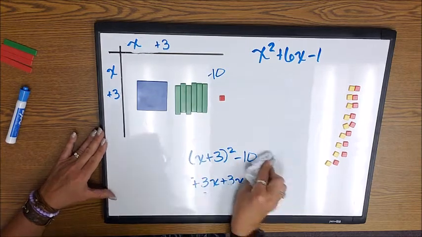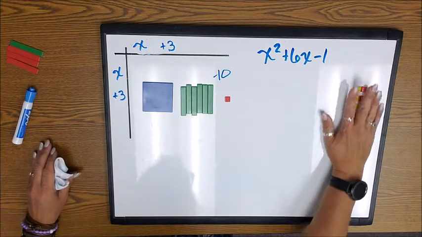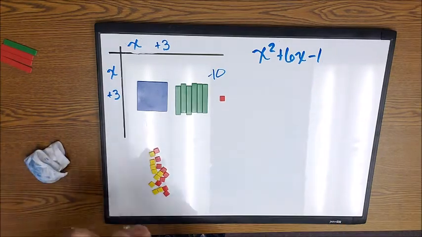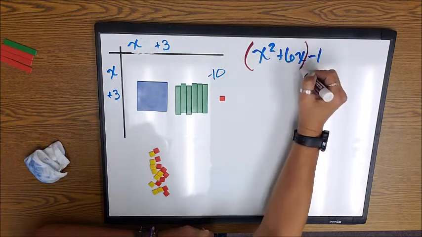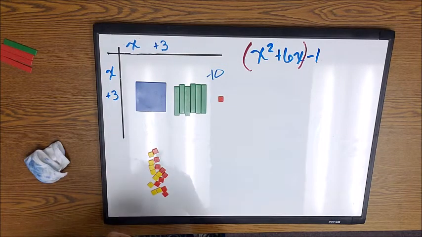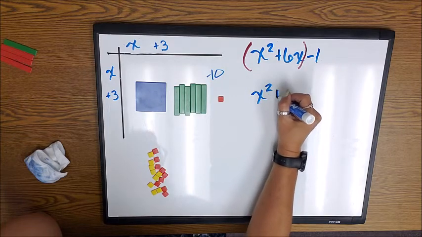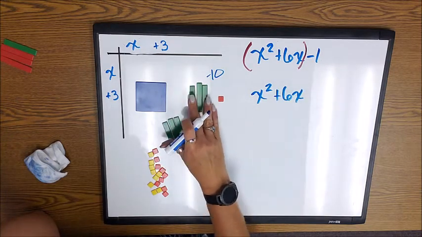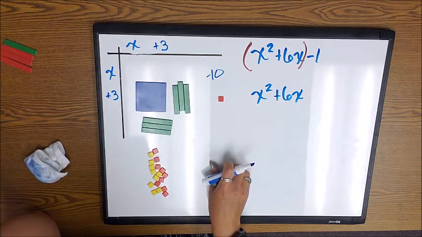When we think about what we are doing algebraically, remember when I talked about the associative property? I want to manipulate this part so that it becomes a perfect square. That's why we talked to the students about saying it's x squared plus 6x. And then remember in our model we said, when I had 6x's, in order to make the square, I took half here and half here.